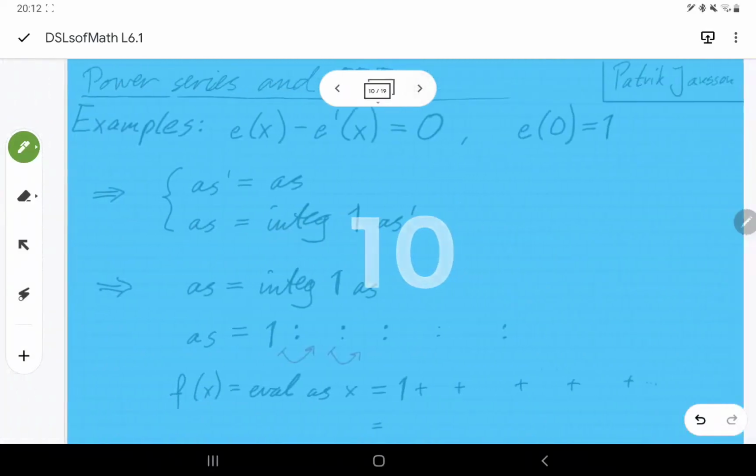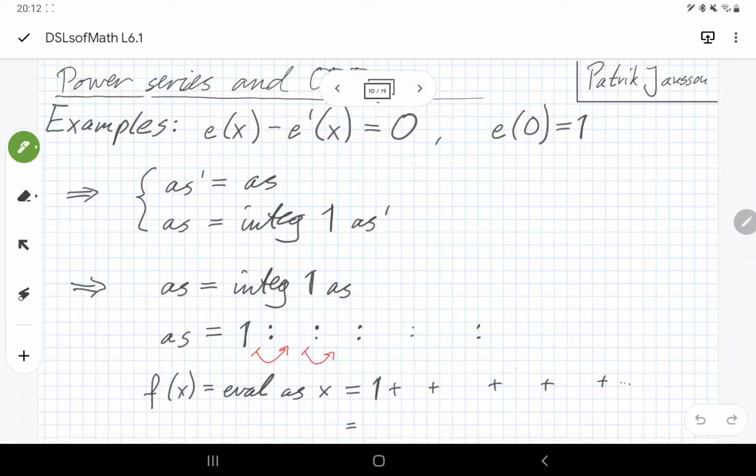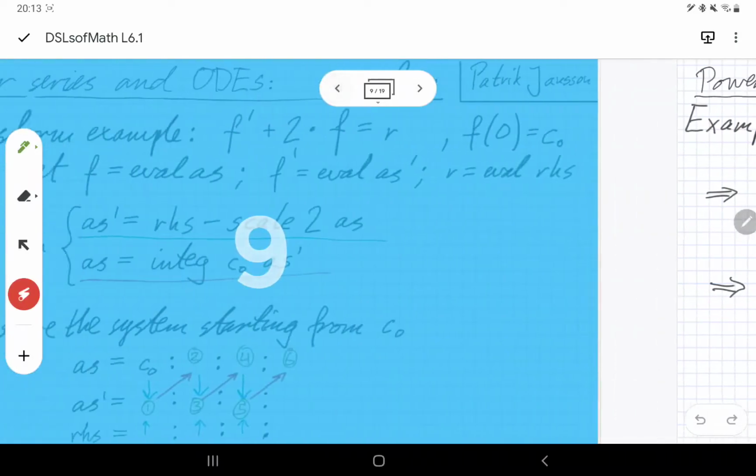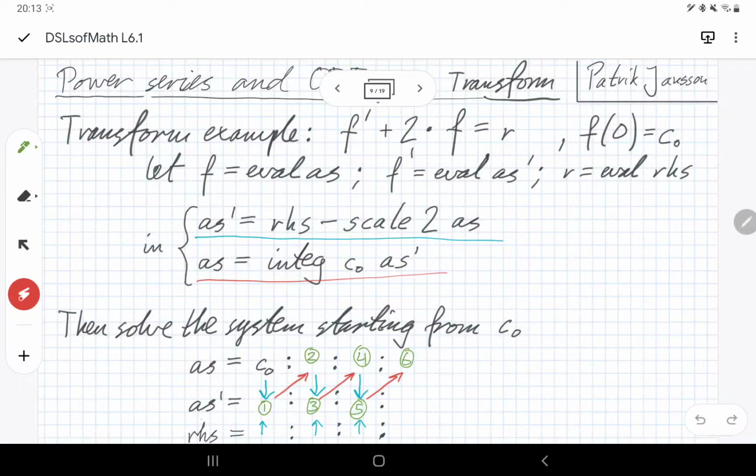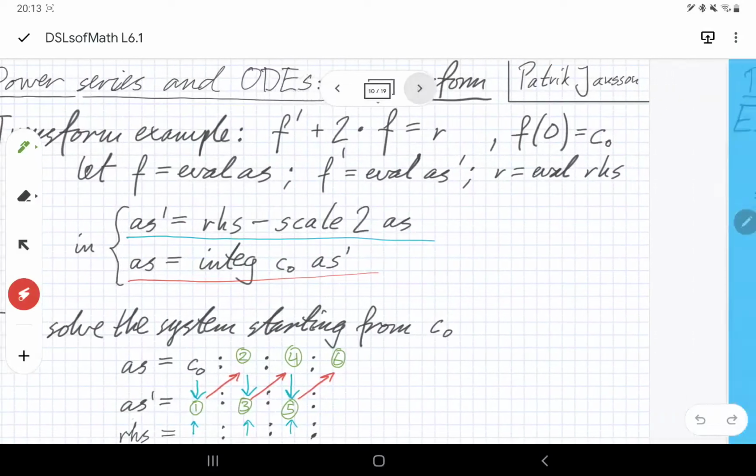So instead we'll go to some familiar examples, the ones I had shown on the first slide of the first part of this lecture. So e of x minus e prime of x equals 0 with this starting condition. Remember, I should have as the first equation in the pair the derivative in terms of how it's related to the right-hand side and the function.